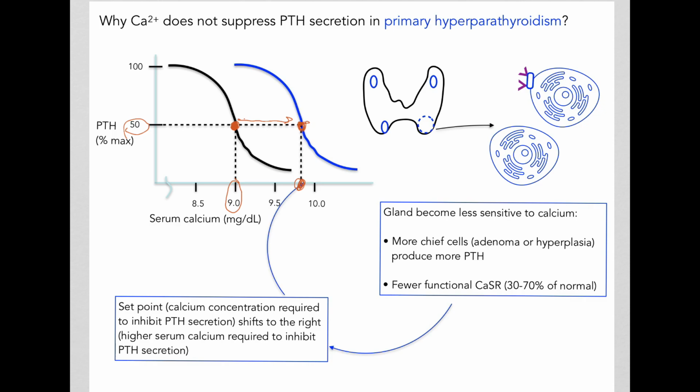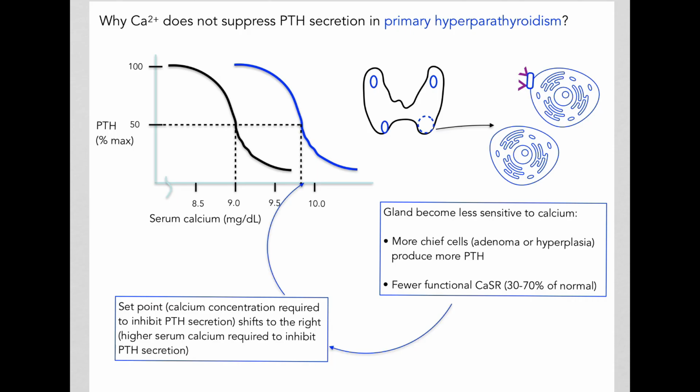So we need a much higher calcium concentration in the serum to inhibit the same 50% secretion of parathyroid hormone. So what is the reason for this?